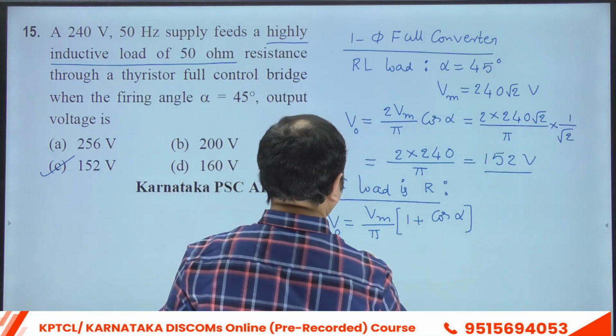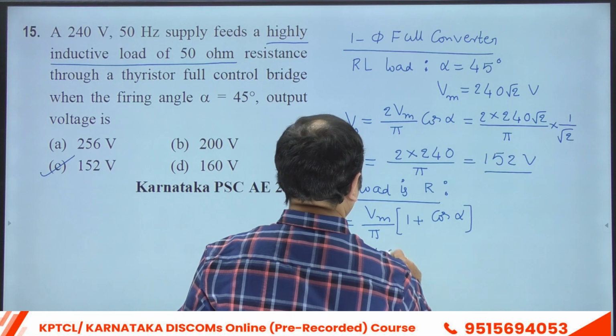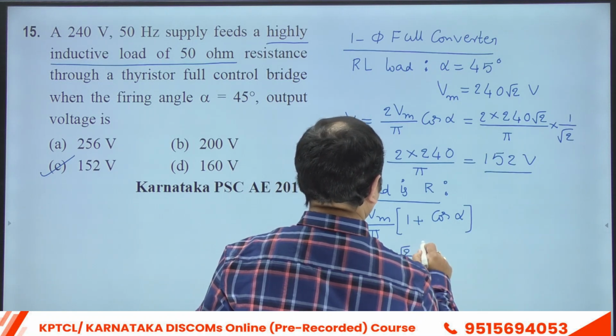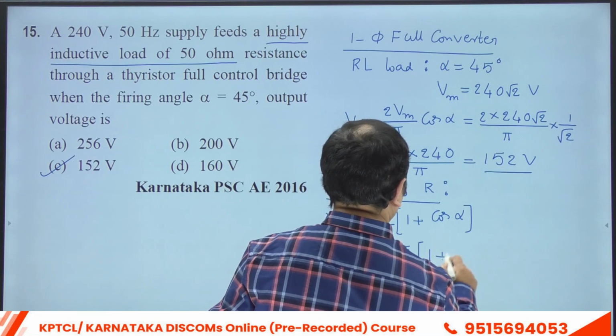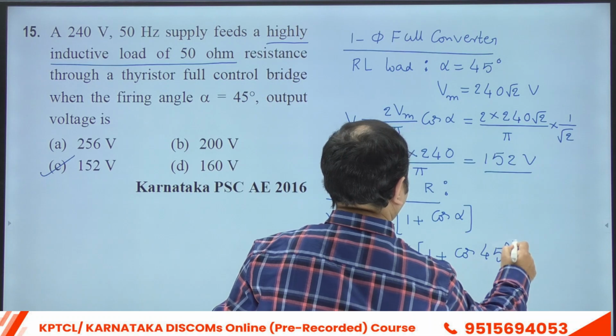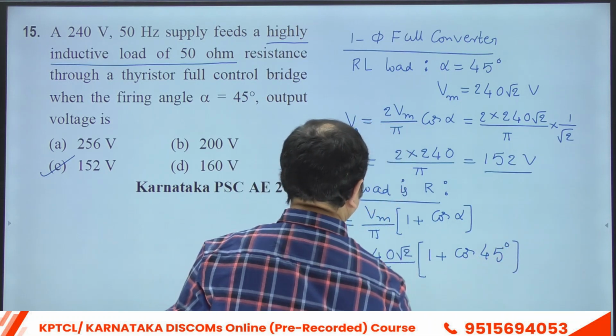Vm is 240 into root 2, so 240 into root 2 by pi, 1 plus cos 45 degree.